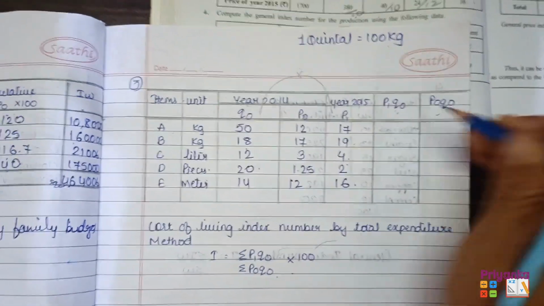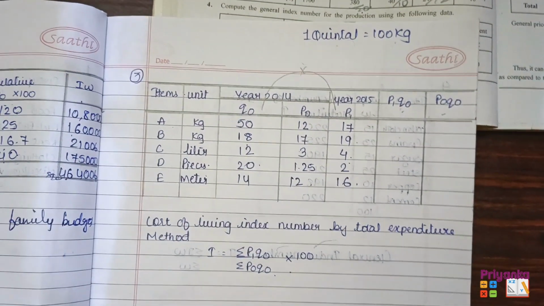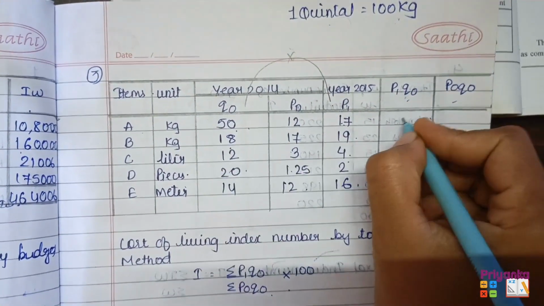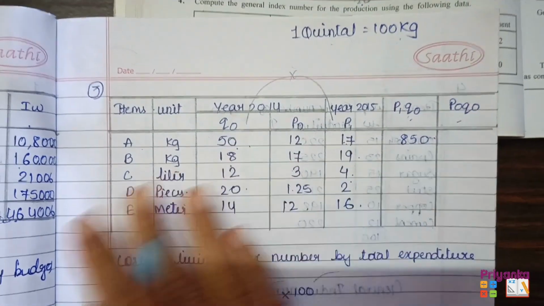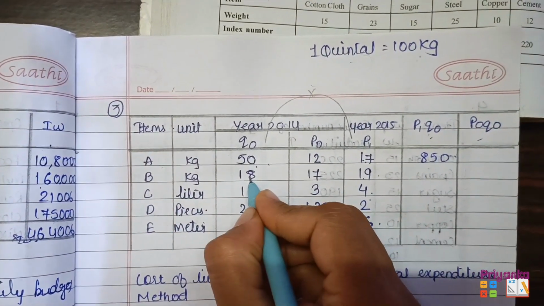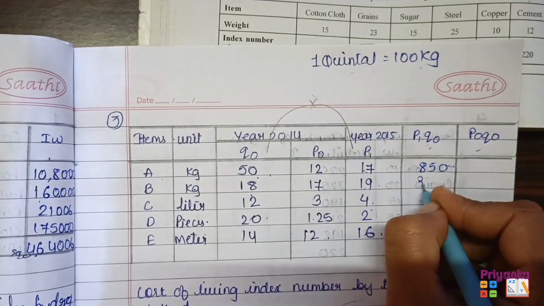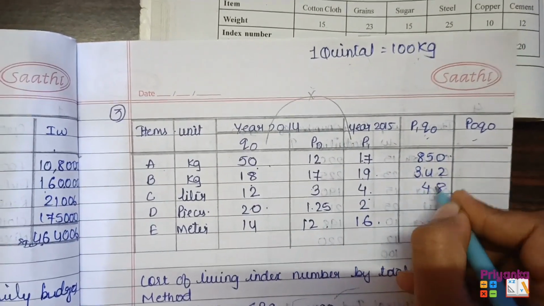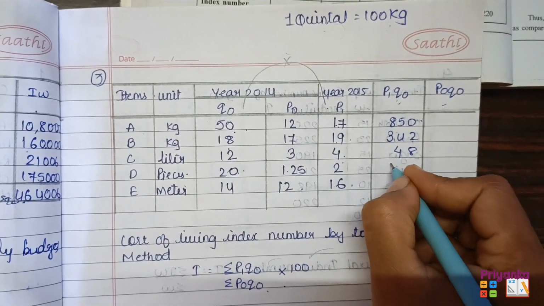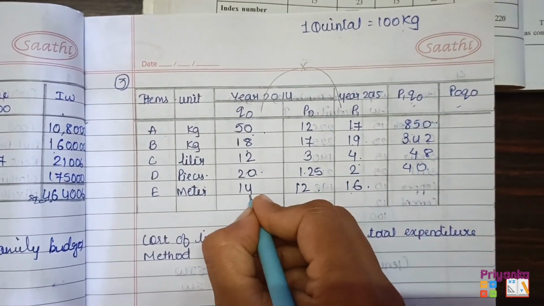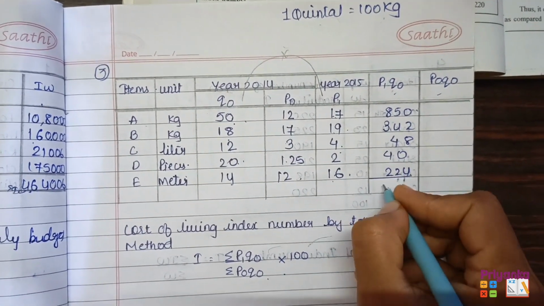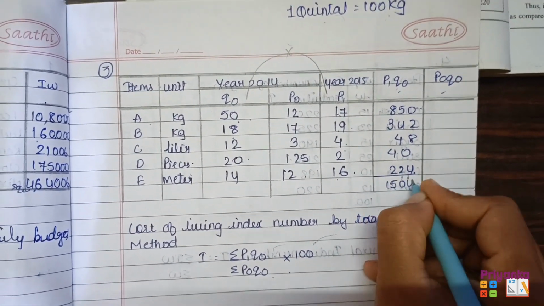Here we get the first column: 17 multiplied by 50, we get 850. Next, 19 multiplied by 18, 342. 4 multiplied by 12, 48. 2 multiplied by 20, 40. 16 multiplied by 14, 224. Here we get the total 1504.